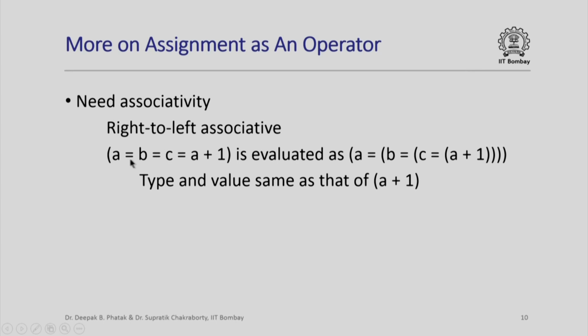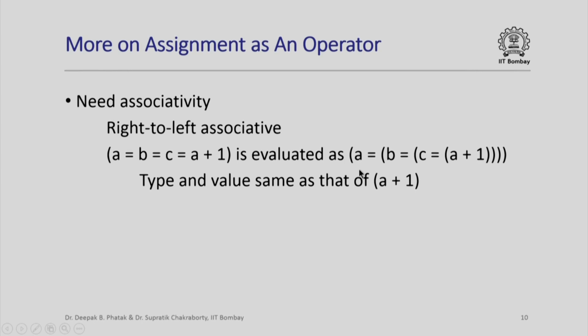Now among the three assignment operators, because it is right to left associative, the rightmost one will be evaluated. So this is the assignment expression C assigned A plus 1 that will be evaluated first, then B assigned this assignment expression C assigned A plus 1 will be evaluated next, and finally A assigned this entire assignment expression, which is B assigned C assigned A plus 1, will be evaluated finally.